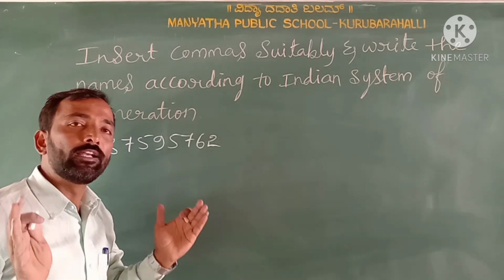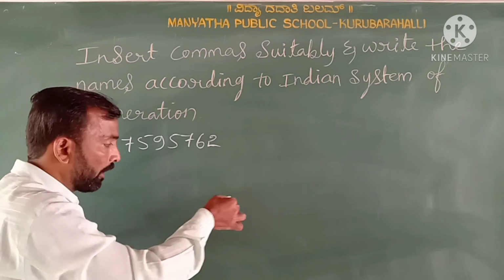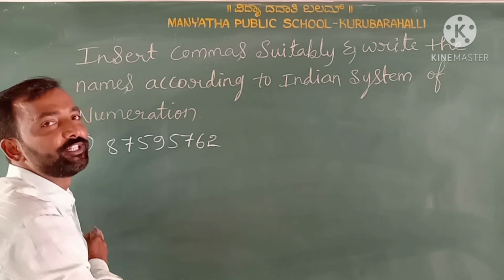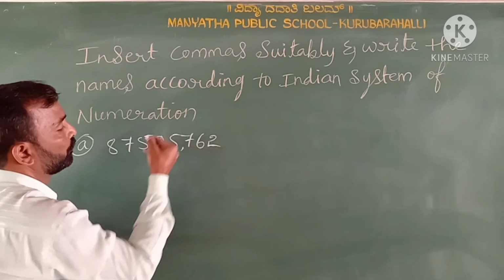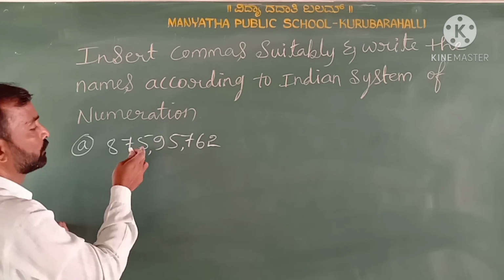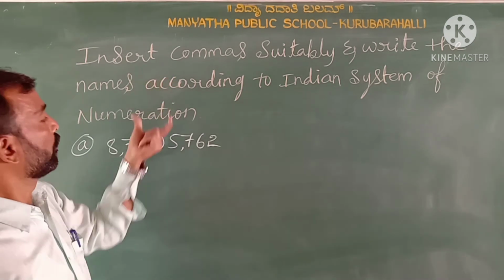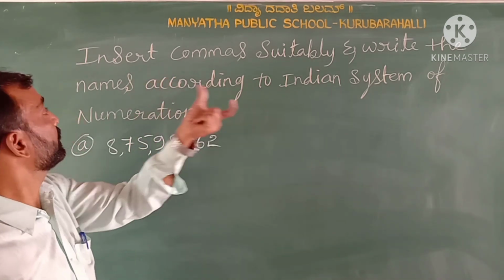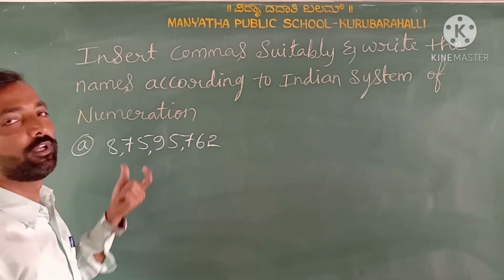Here in the Indian system of numeration, from right digit, first group 3 digits, next every 2 digits. Should remember that. See, first 3 digits, next 2 digits, next 2. That's all.